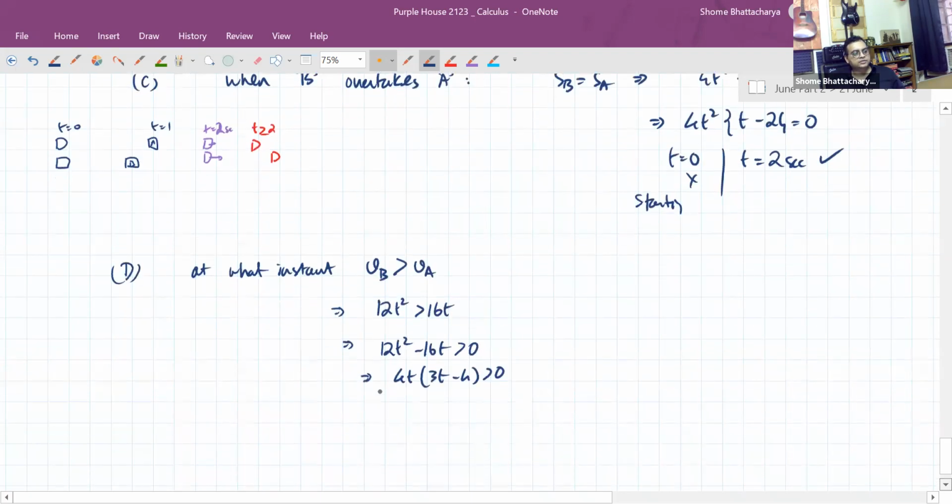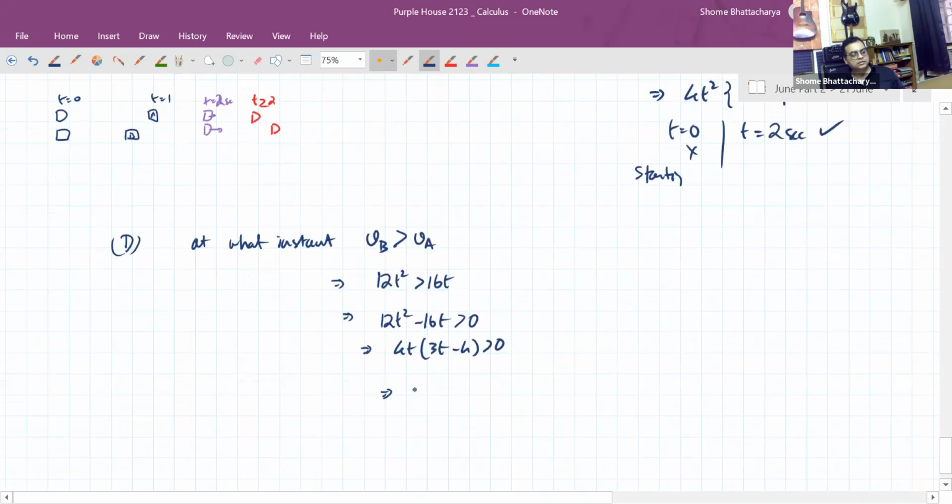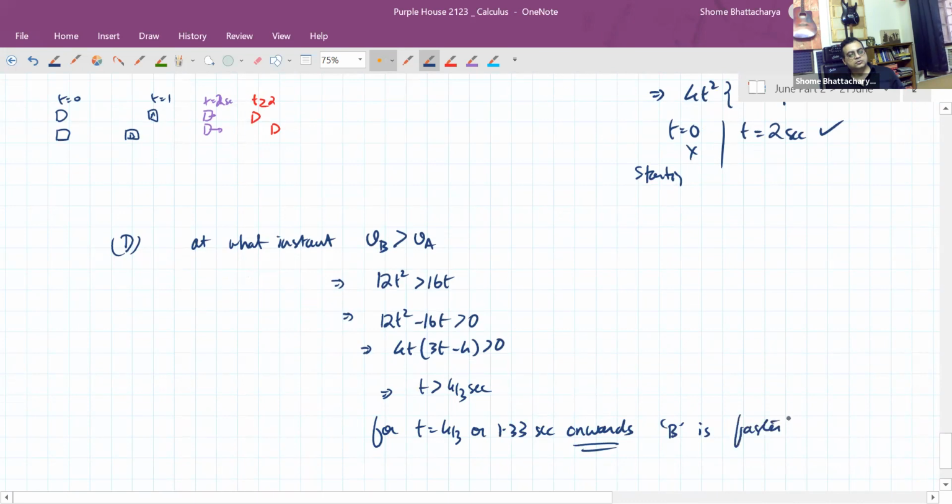You will see that this gives us the solution that t should be greater than 4/3 seconds, or from t equal to 4/3, or 1.33 seconds onwards, B is faster than A.